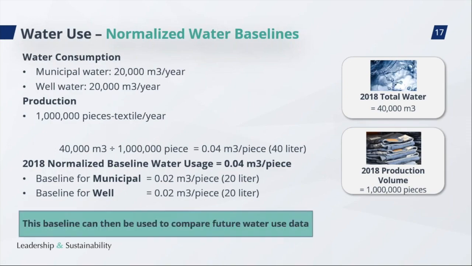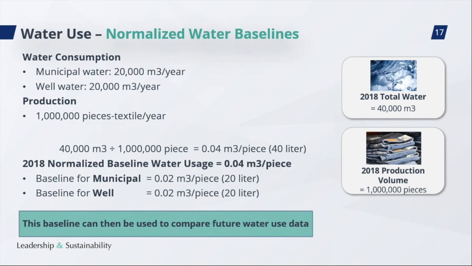And this gives us 0.04 cubic meter per pair of jeans, which is the same as 40 liter per pair. So we take 40,000, which is the total water consumption, and we divide it with 1 million, which is the number of pieces, the pair of jeans that we produce, and the result is 0.04 cubic meter per piece.